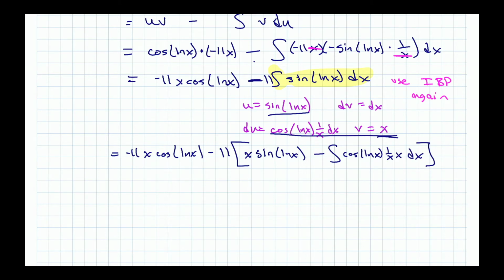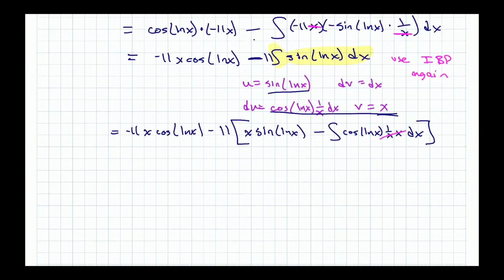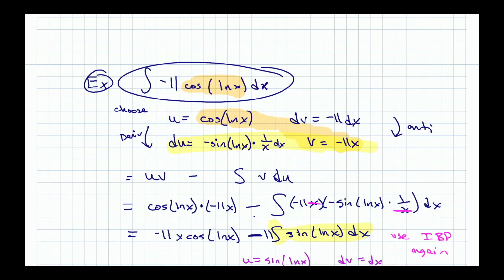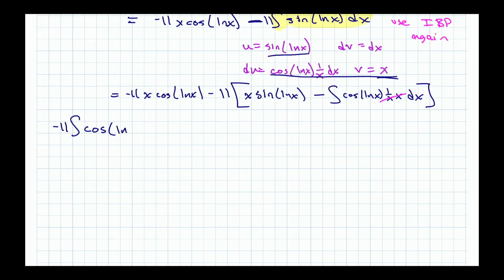Now, just like last time, the x's go away, and let me write out the full thing of what we have now. Okay, so you need the original integral. So the original integral is up here. The original integral was negative 11 integral cosine ln x dx equals, and I need to write out all this junk. So we've got negative 11x cosine ln x.